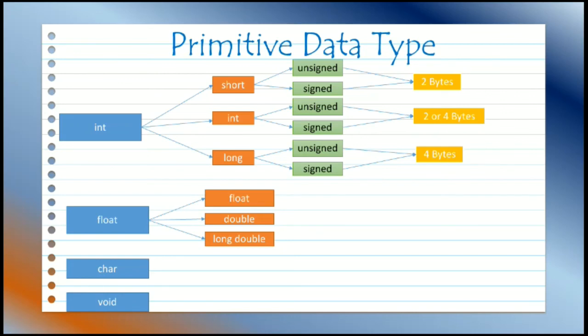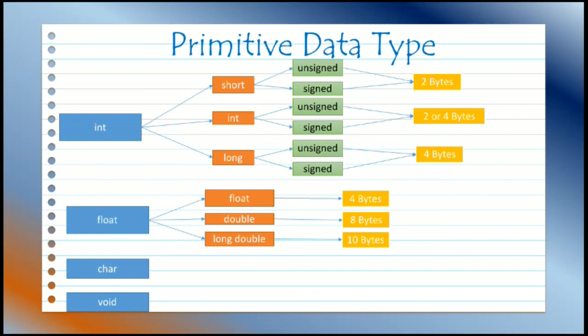Again here also, depending on how much space is required to save data, float is divided. So float data type occupies 4 bytes of space, double takes 8 bytes, and long double takes 10 bytes.